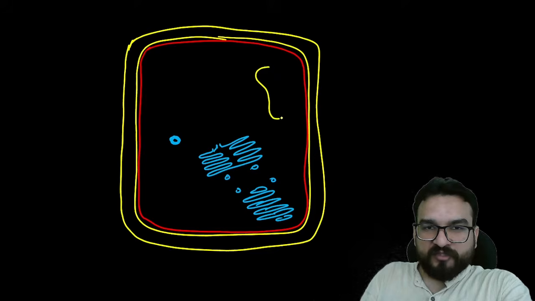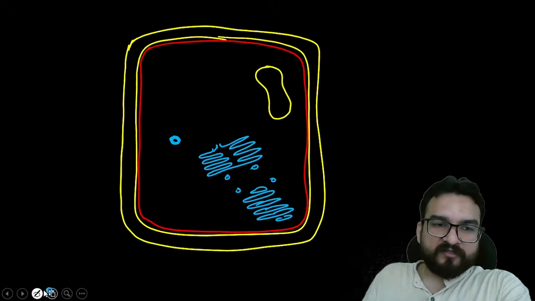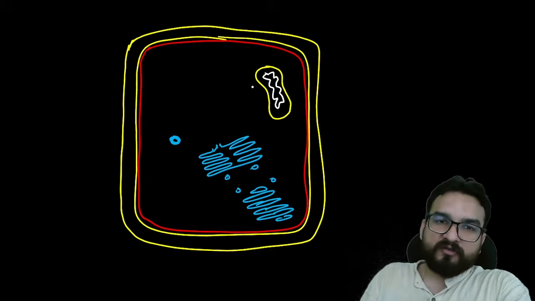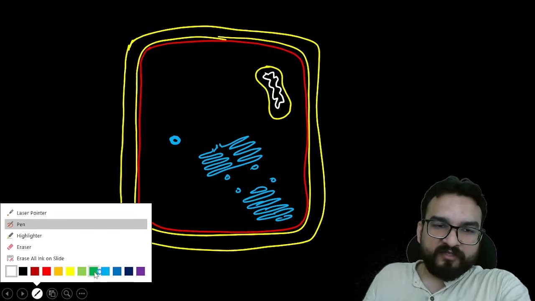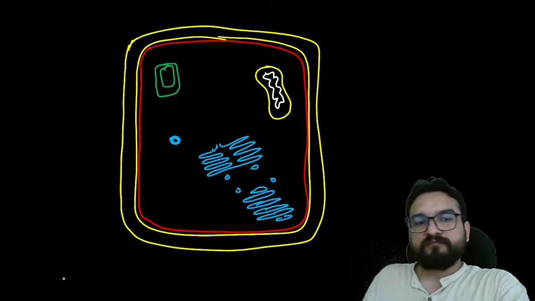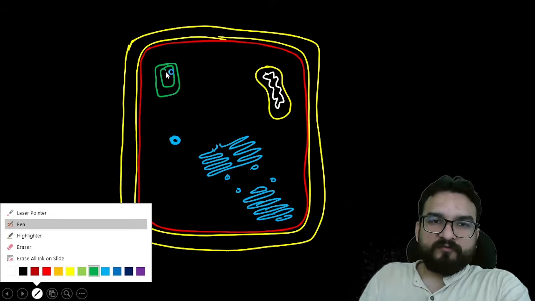You have understood about this particular saucer shaped, bean shaped structure you will be finding. What is this? Cristae, this is mitochondria. You have found the chloroplast. Chloroplast like this you will be finding over here. Double membrane again. Thylakoid you will be finding in between.